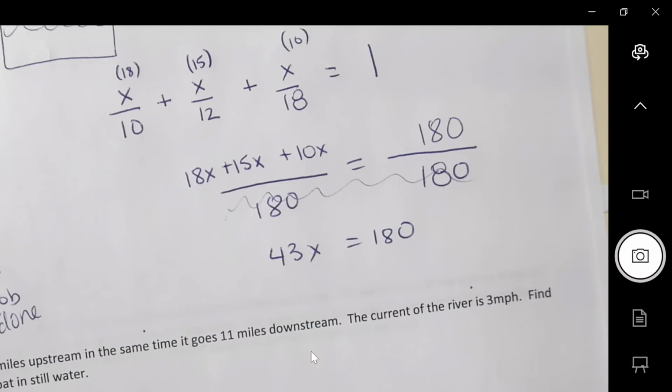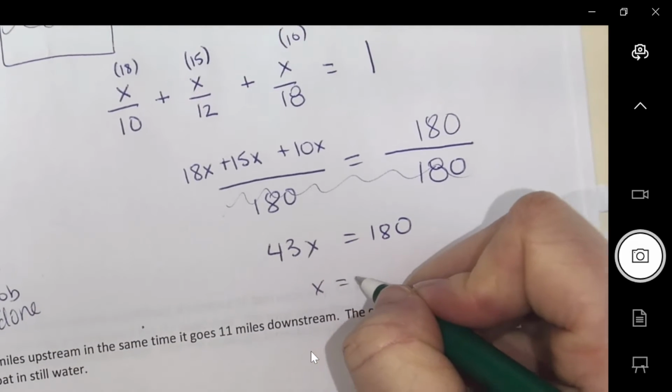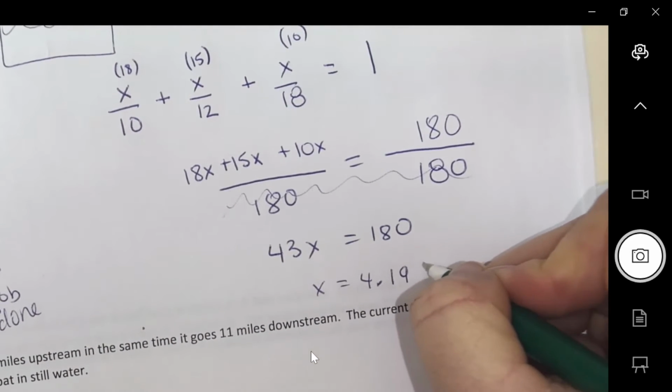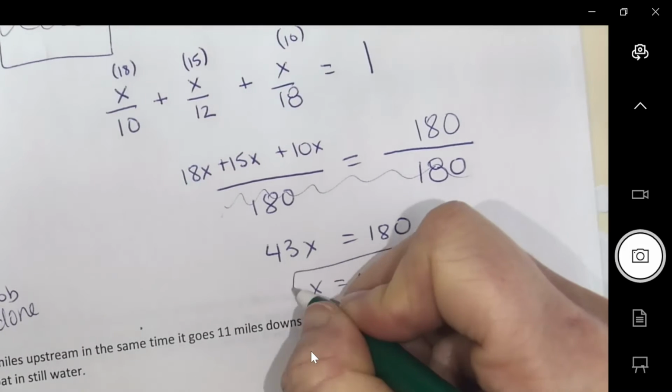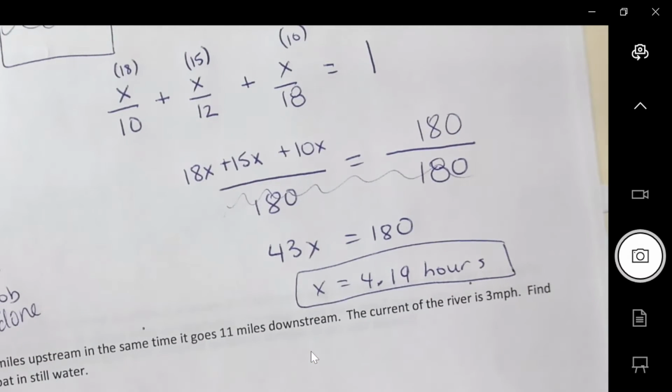So 43x equals 180. That does not divide nicely. So if all of them are working together, now it will only take me 4.19 hours.